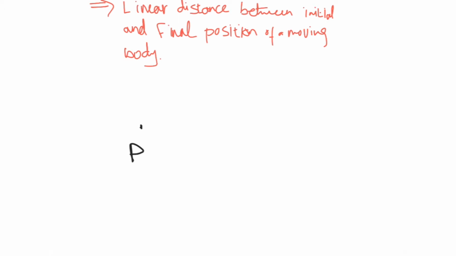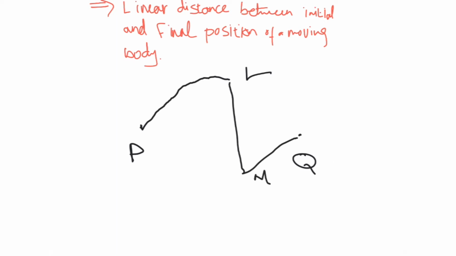For example, if a body has started from point P and is going to point Q, and it went through point L and point M, then to point Q. Now the length of the whole path, let's say, was 500 meters, but this would be the distance.